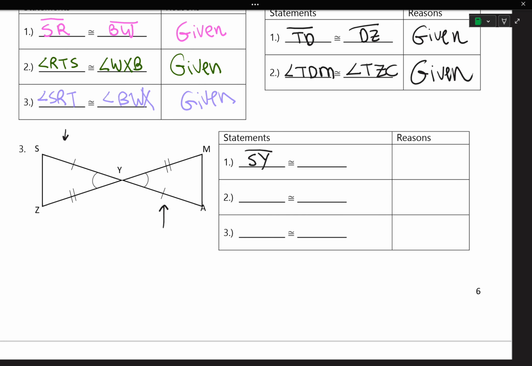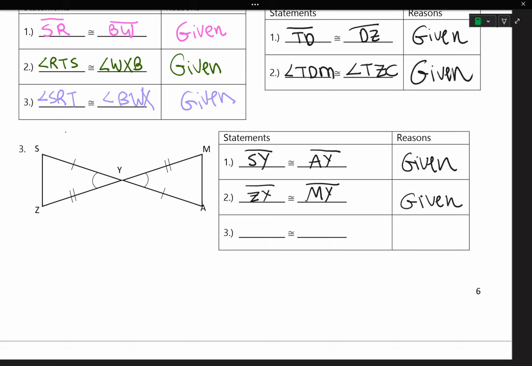And the right triangle, I'm going to call AY. Why are they congruent? It was given to us. They're marked on the picture. Next, let's do the double sides. This side is ZY. This one is MY. Why are they congruent? It was given to us.